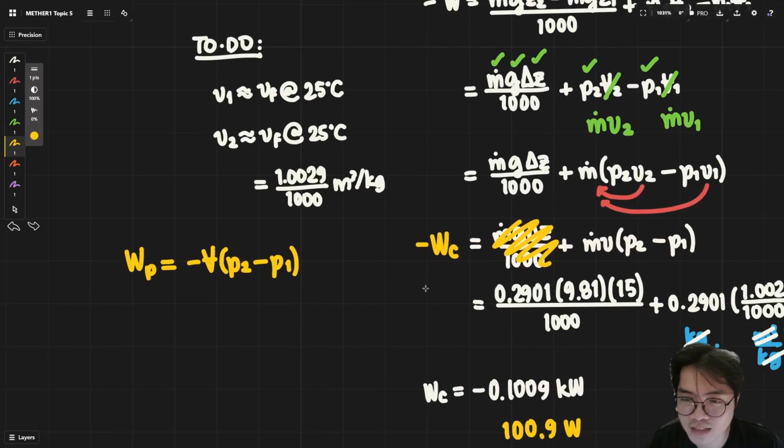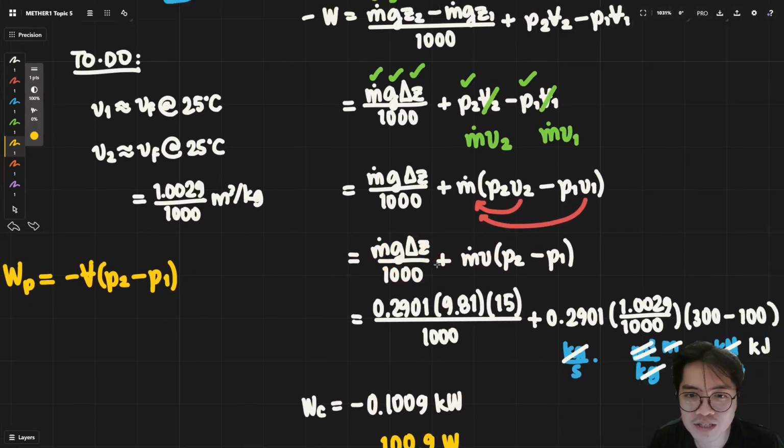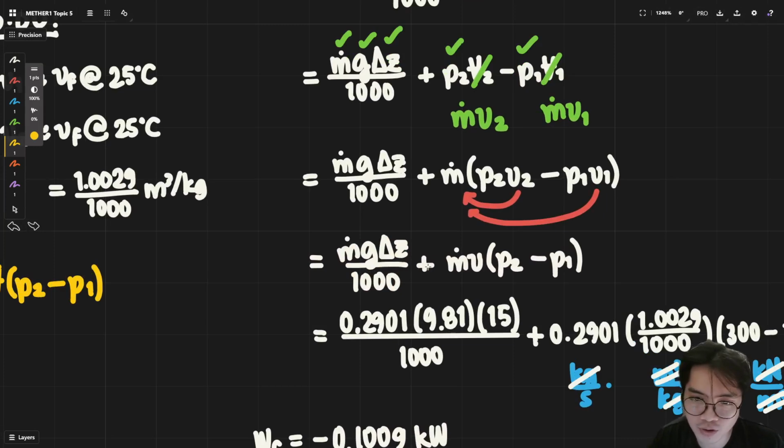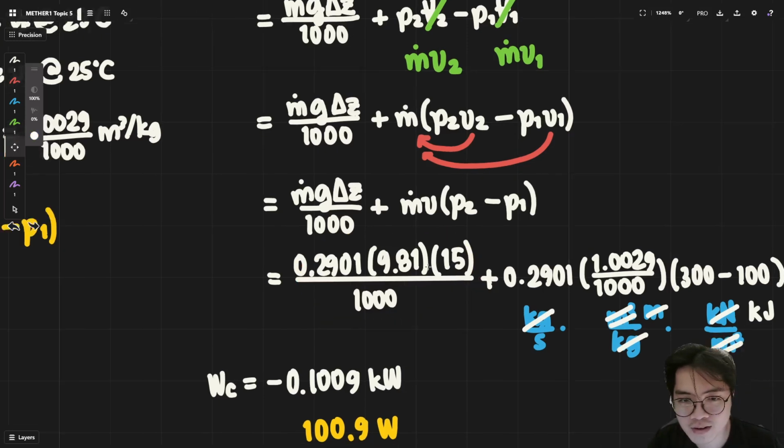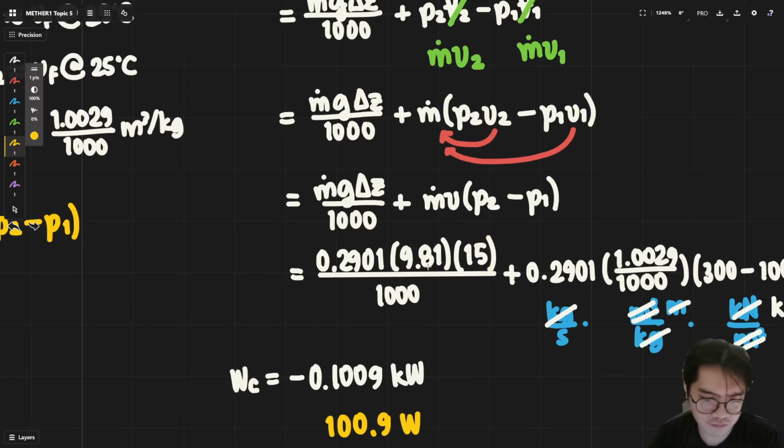Now that we have that, the problem is that there is still an elevation difference, so there's a little addition to everything. If this were removed, the power consumption would have only been 58 watts.